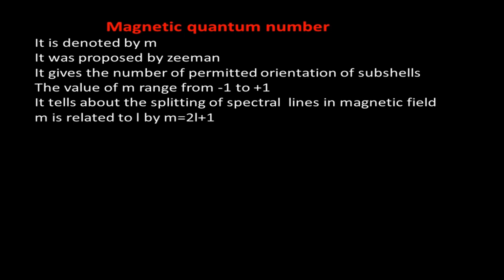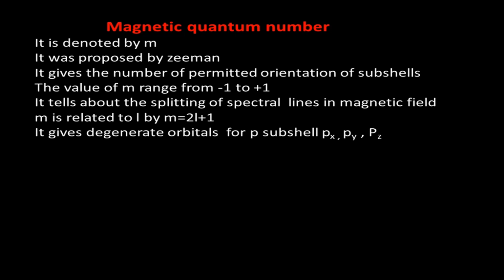The number of m values is related to l by 2l plus 1, where m is the magnetic quantum number and l is the azimuthal quantum number. It gives degenerate orbitals. Degenerate orbitals are orbitals of the same energy. For the p subshell, the degenerate orbitals are px, py, and pz.